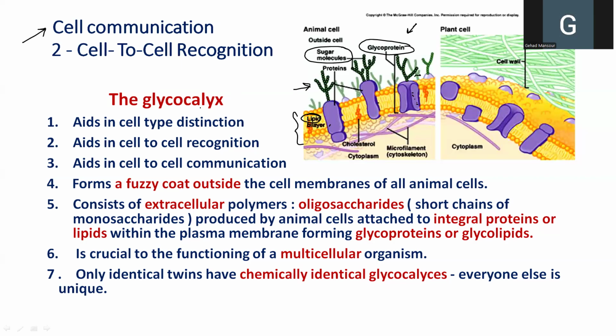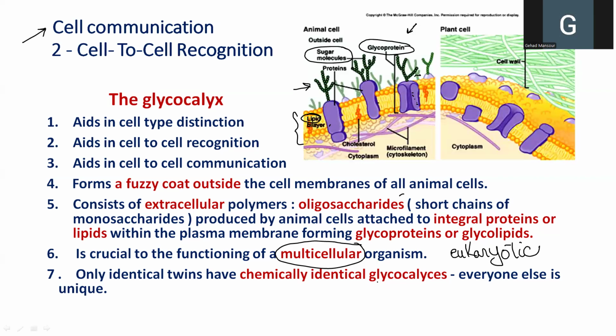What are the major functions of the glycocalyx? The glycocalyx is essentially present in multicellular organisms. To start with, it's essentially present in multicellular organisms, and therefore it is essentially present in eukaryotic organisms, not in prokaryotic organisms.